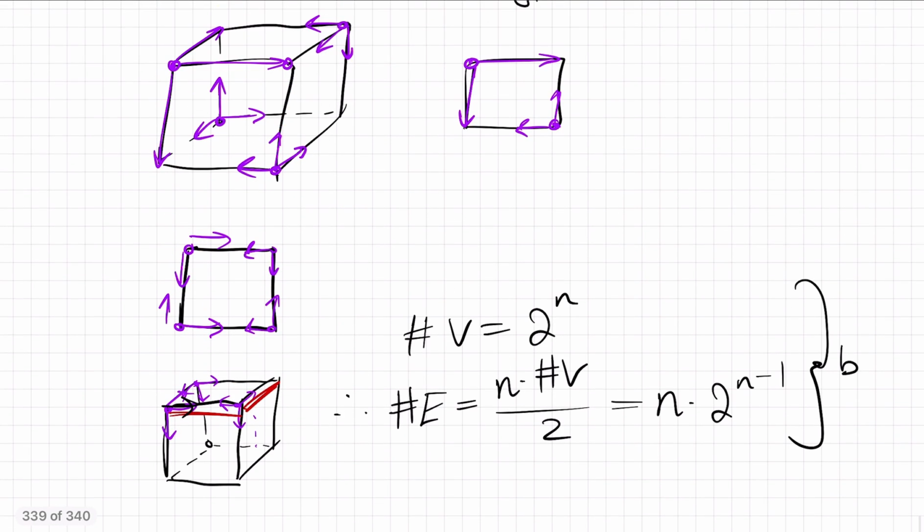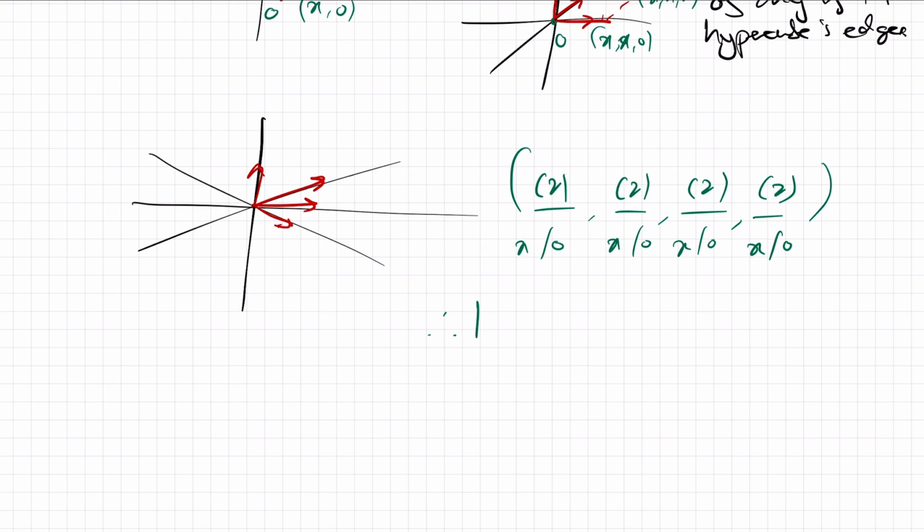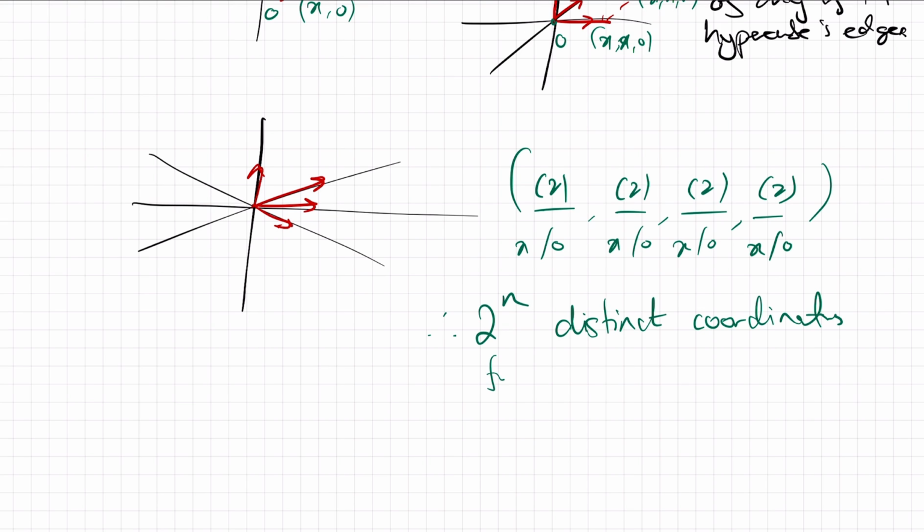And this also confirms this conjecture up here, V equals 2 to the n, because now you can see there's going to be 2 choices for every single slot, and therefore there are going to be 2 to the n different, I'll call it distinct, coordinates for the hypercube's vertex, and therefore the number of vertices is going to be 2 to the n.